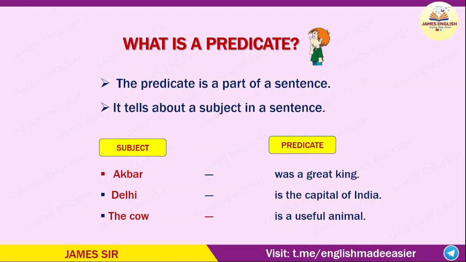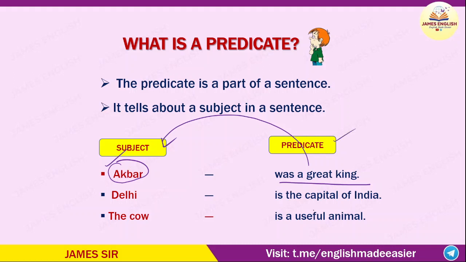Just observe the following examples. Akbar was a great king. We have already learned that Akbar is the subject because here we are talking about Akbar. Then what about was a great king? Was a great king is a part of the sentence that tells about the subject. Then it is known as the predicate.